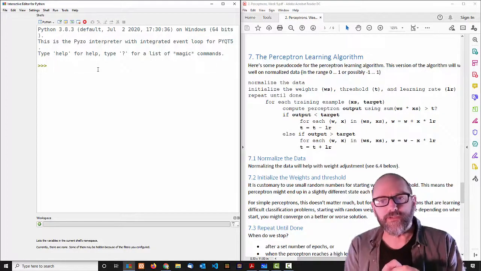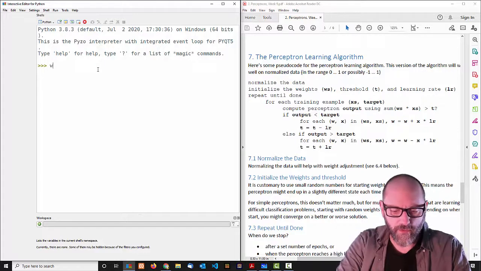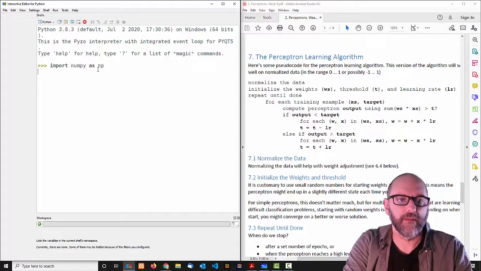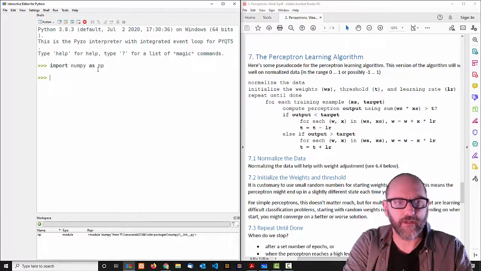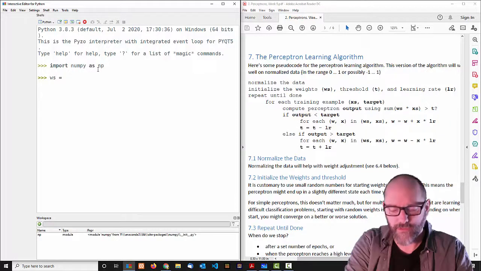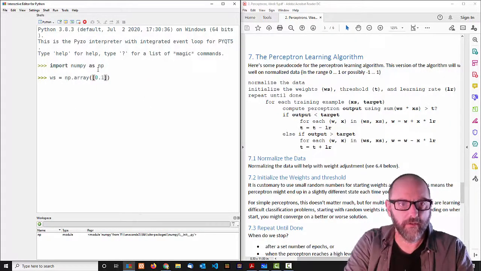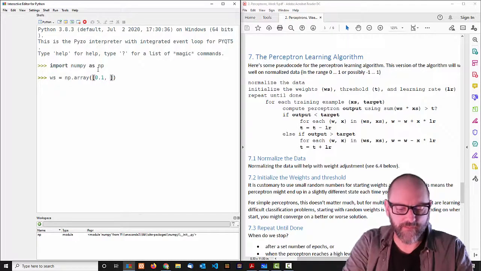But what you're going to do is model this, so let's do import numpy as np here. So our weights, which we could call w's, you're going to start with, let's say that this is a 4-input problem.